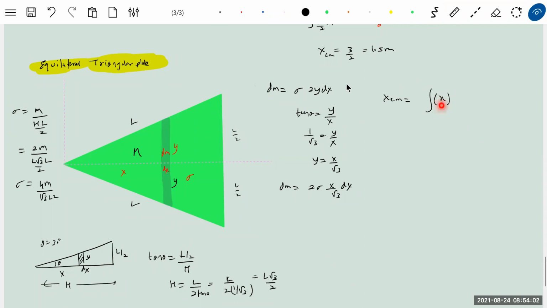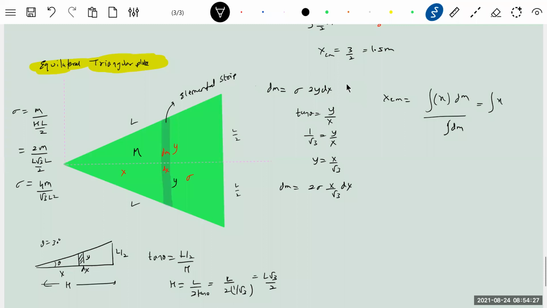How do you define x? It is the position of the center of mass of this elemental strip. So x into dm by the total dm.